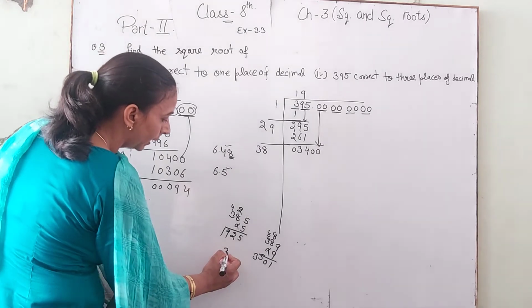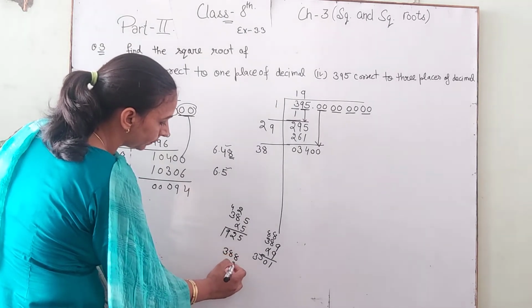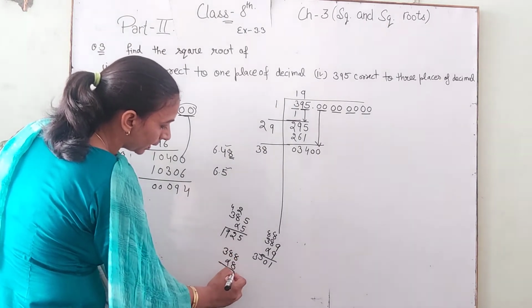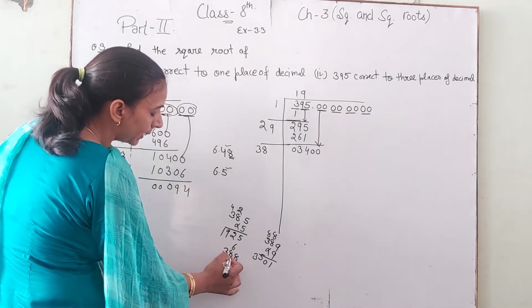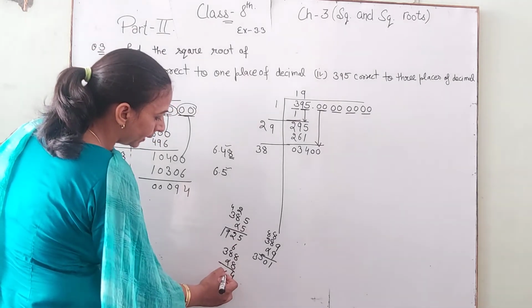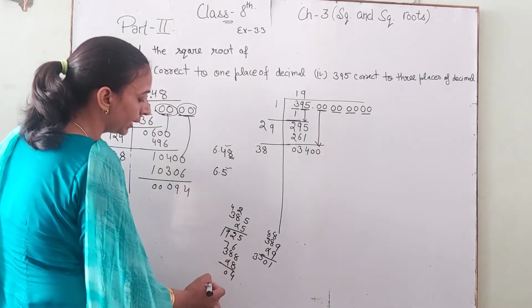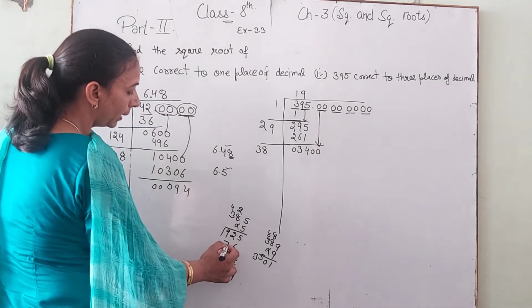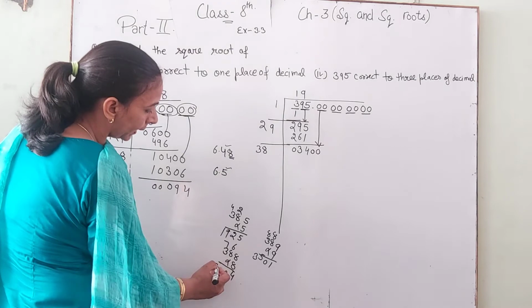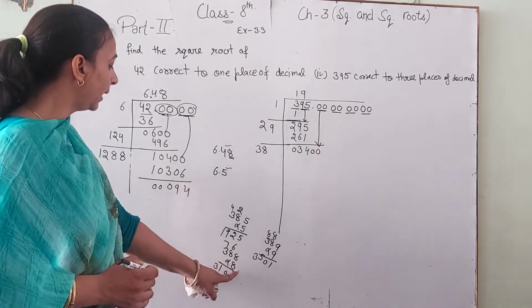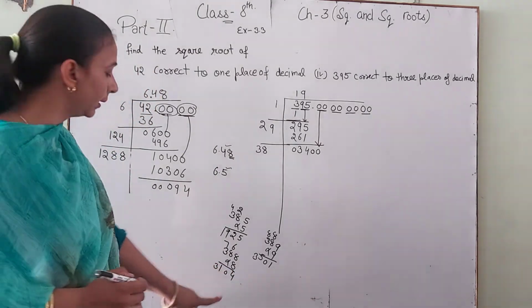So we take 388. 8 8 is 64, 8 8 is 64 and 6 is 70, 0, then 7 8 3 is 24, 24 and 7 is 31. Okay, we will take 3104 on 8.